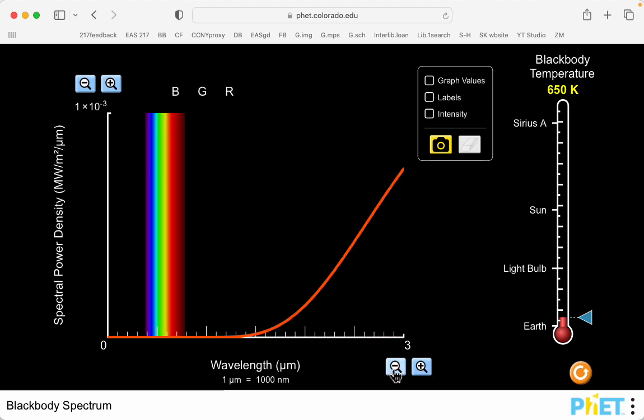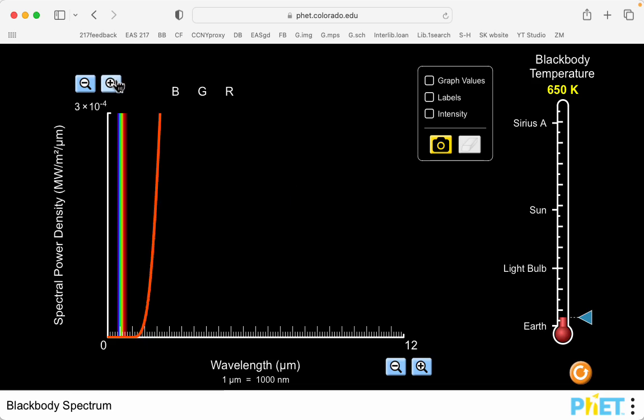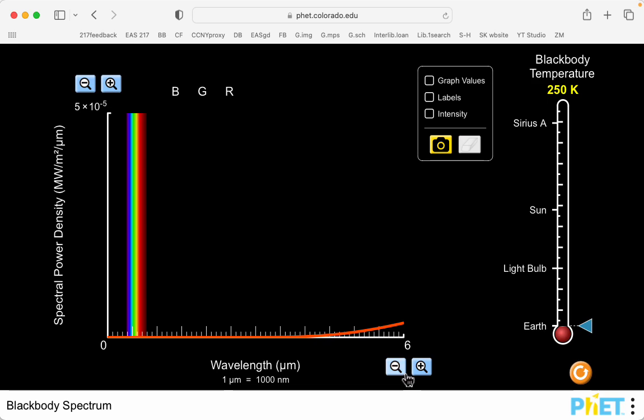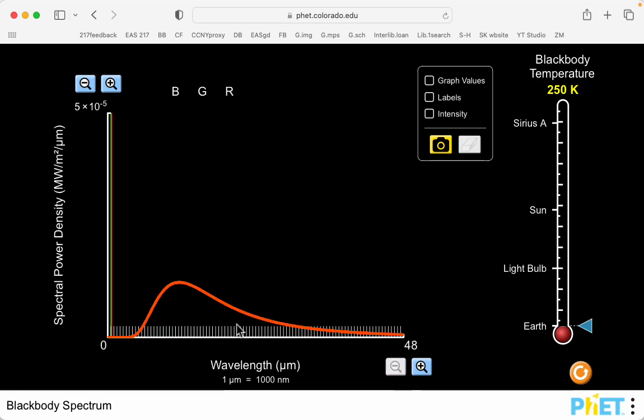I need to zoom out. I need to go on this axis, right? Okay, here we go. Here we are, Earth. You could see how far we had to magnify it to be able to see the amount of energy compared to the sun.